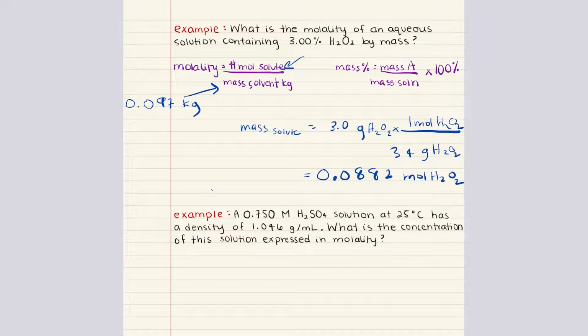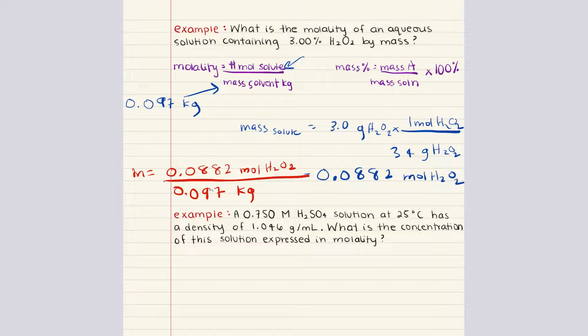Now we know the number of moles of solute, and we know our mass of solvent in kilograms. We can calculate molality by just plugging in the values. Our numerator is 0.0882 moles of hydrogen peroxide, and our denominator is 0.097 kilograms.